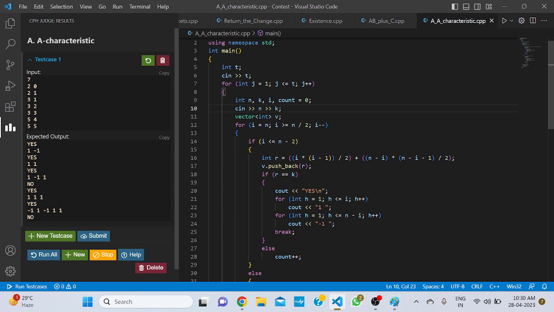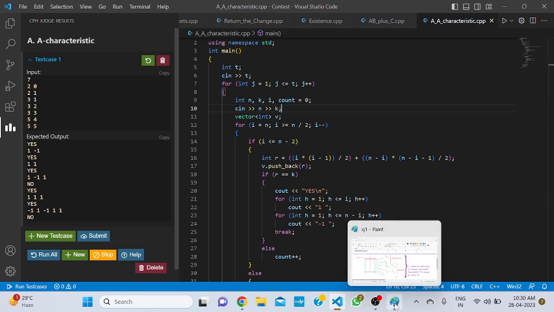we have declared one variable r which we will store as nC2 plus n minus iC2, or we can say that iC2 plus n minus iC2, whose formula is written i into i minus 1 by 2 plus n minus i into n minus i minus 1 by 2. Why we have written this?